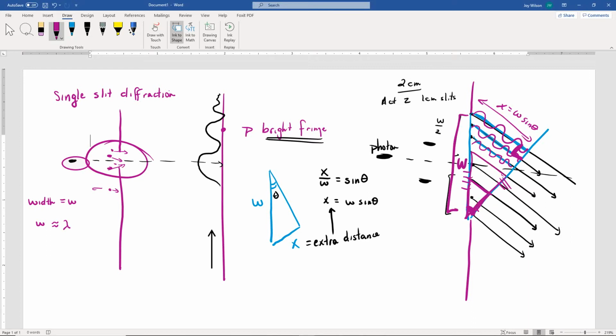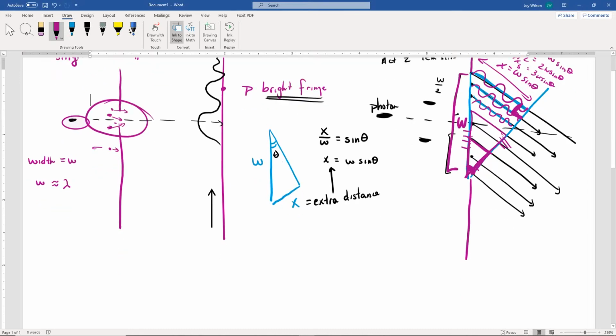And we're going to use that idea that the side lengths are proportional to give us the idea that each x1 might be 1 times W sine theta, and x2 might be 2 times W sine theta, and x3 might be 3 times, so forth and so on. And that's going to give me each extra path difference as a multiple of the very first one we do, because the ratio of the sides is similar and the angles are all the same, which makes those similar triangles.